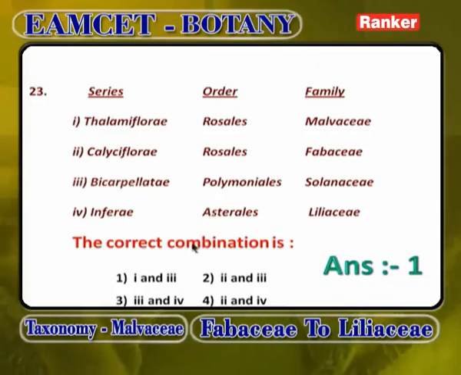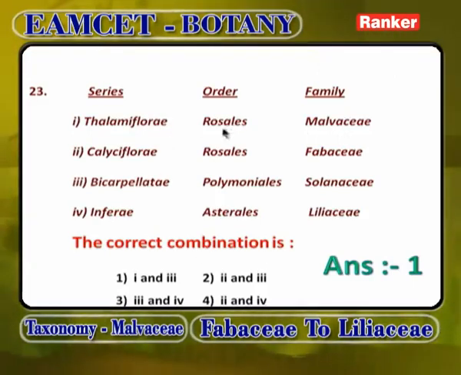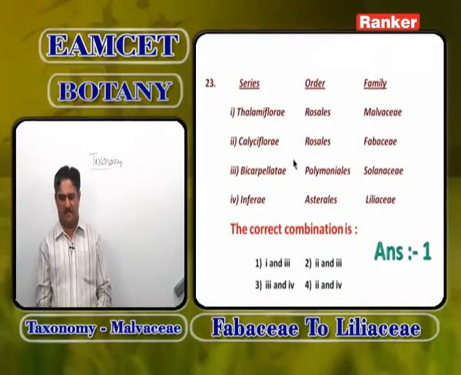Next, this is a 3-column matching form. Thalamiflorae, Rosales, Malvaceae is wrong, because Thalamiflorae belongs to Malvales, it is not Rosales. Calyciflorae, Rosales, Fabaceae is correct.